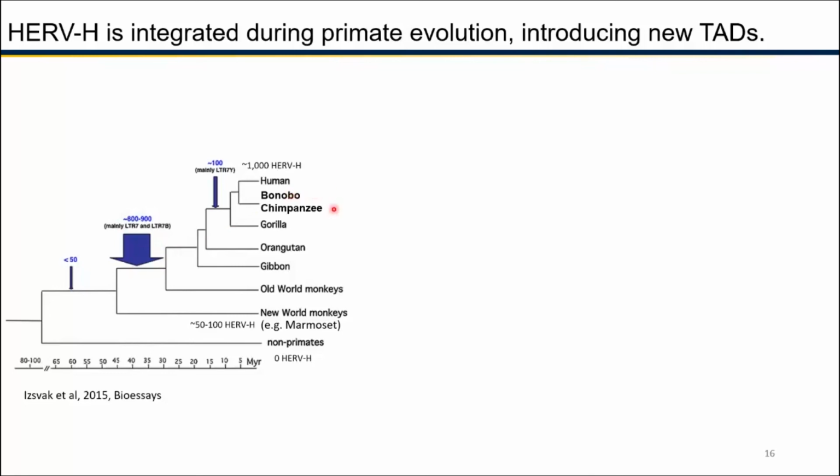bonobo and chimpanzee, and we also performed Hi-C on a New World monkey species called the marmoset, which contains at least 10 times fewer copies of HERV-H. And we also analyzed data from the mouse ES cell, which has no HERV-H in the genome.